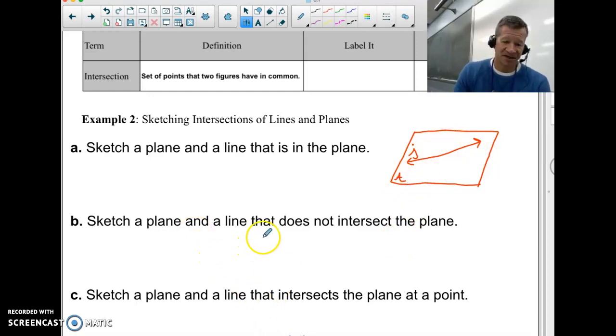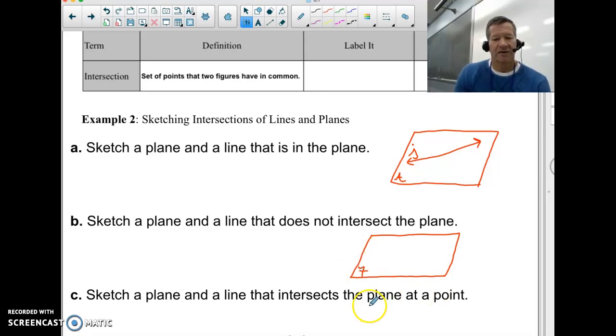Okay, so the intersection are the points they have in common. Well, every point on this line is also a point in the plane. Now, sketch a plane and a line that does not intersect the plane at all. So, let's draw another plane. And this one's not quite as good as the first one. Yeah, it'll do though. All right, there's my plane. Let's call this plane, what should we call it? Let's call it plane F. So plane F, and a line that does not intersect the plane.